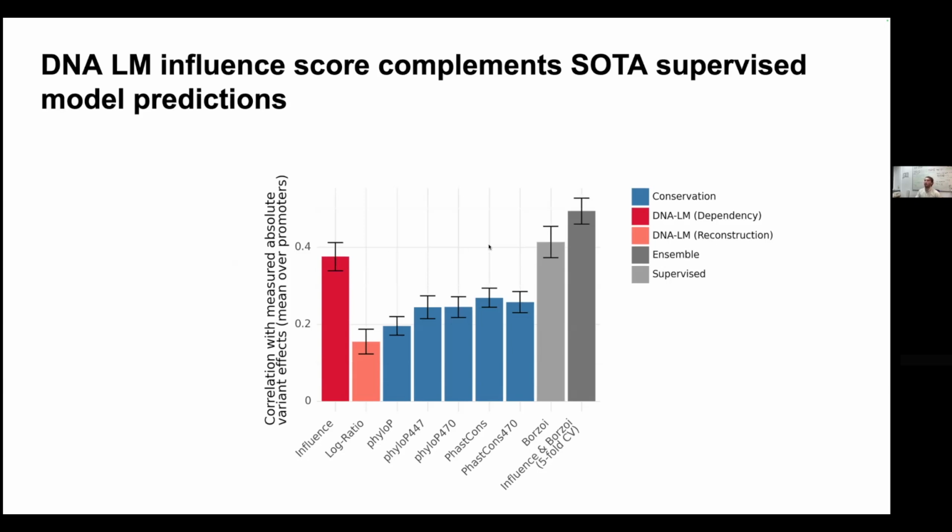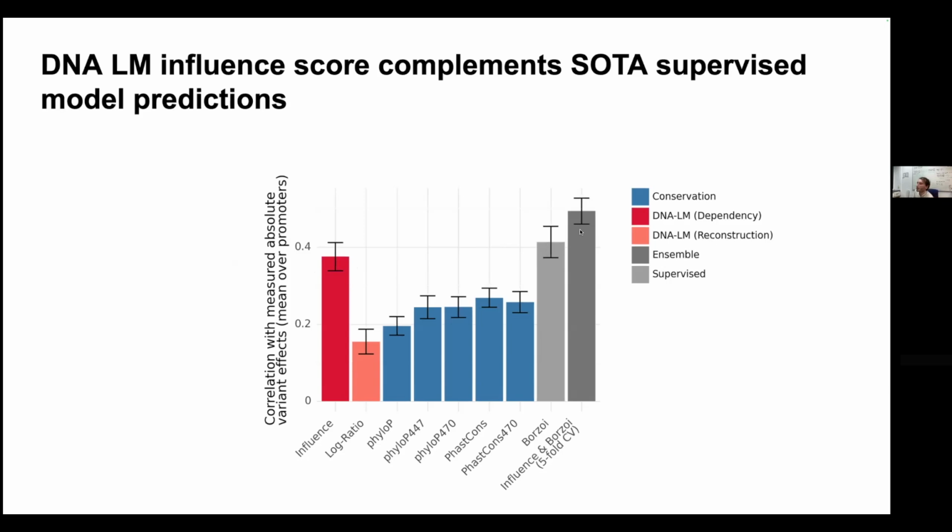That is to be expected because the influence score captures all kinds of interactions, be it splicing, structure or expression, and it's not based on any experimental data. Borzoi has been trained to predict, for example, RNA abundance, and can be adjusted to the specific tissue where these promoters have been tested. So it's quite impressive that the performance is not so far off.